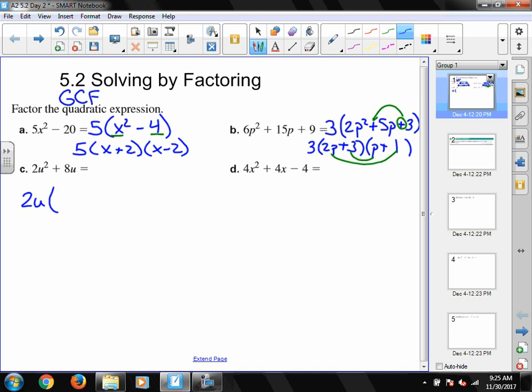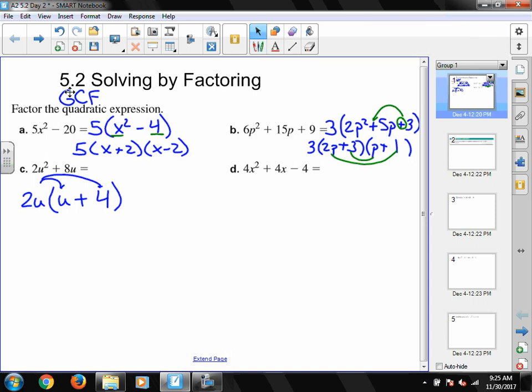And I'm left with 2u squared divided by 2u is going to leave me with a u, plus 8u divided by 2u. Well, the u's will cancel out. 8 divided by 2 is 4. And if I were to distribute the 2u back in here, of course, I would get 2u squared plus 8u. But you don't need to. This is where you stop.